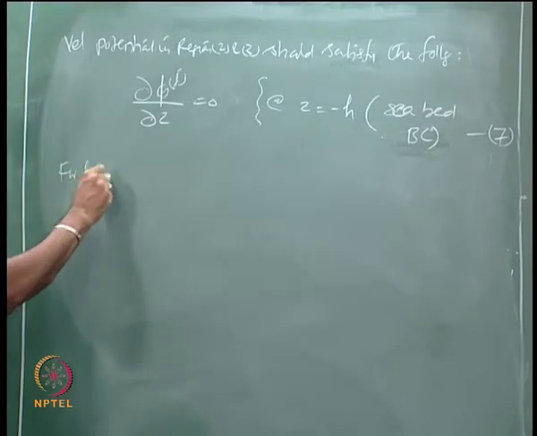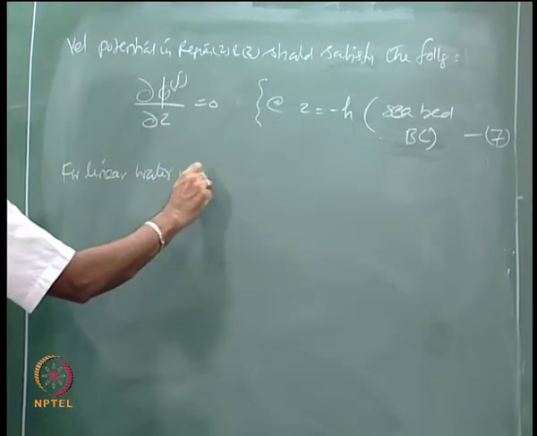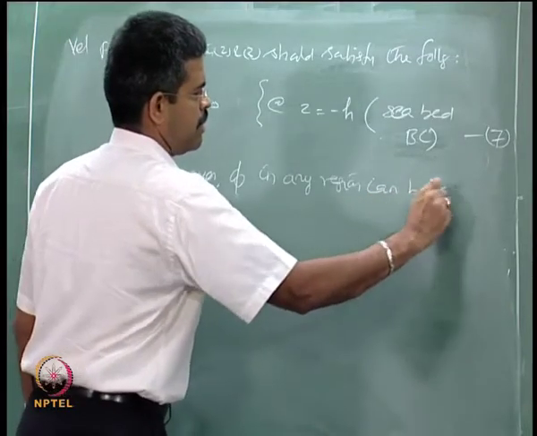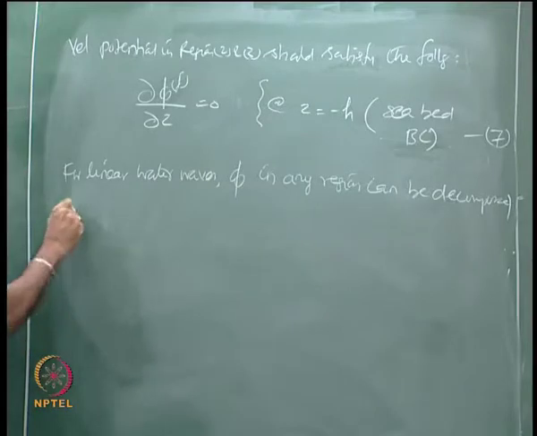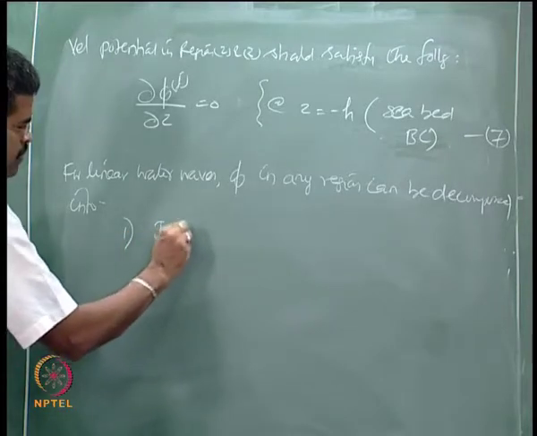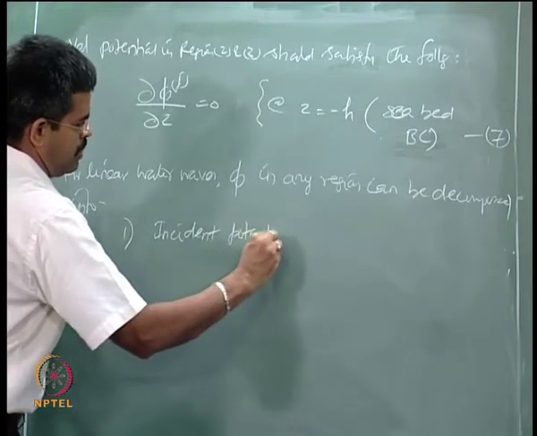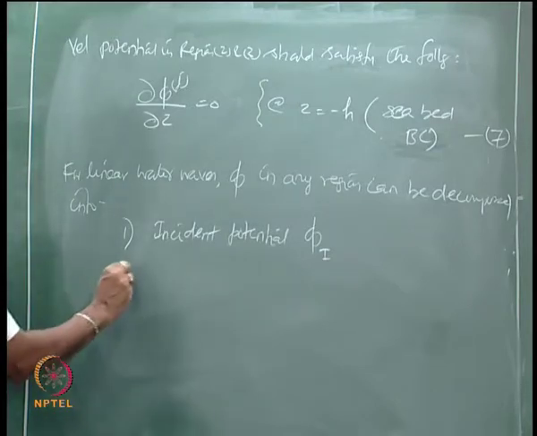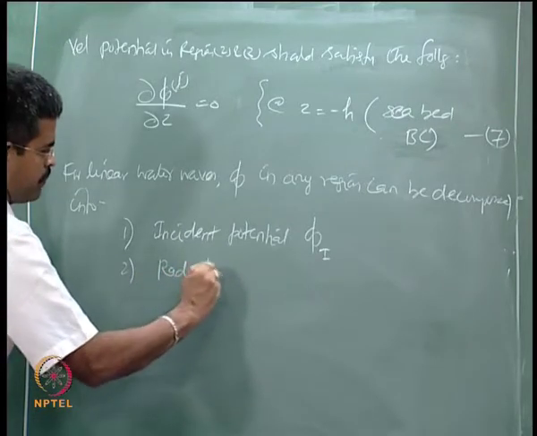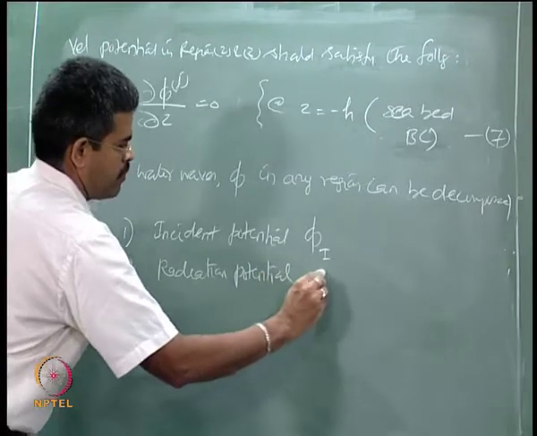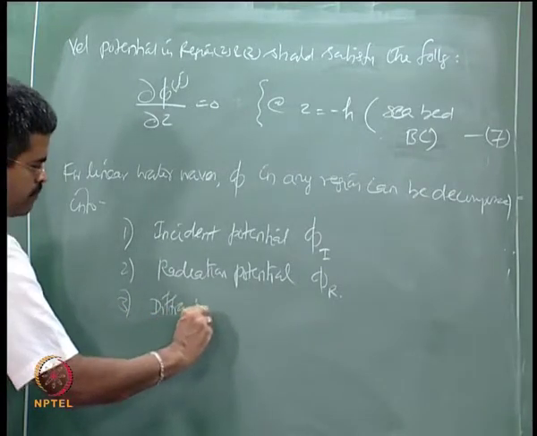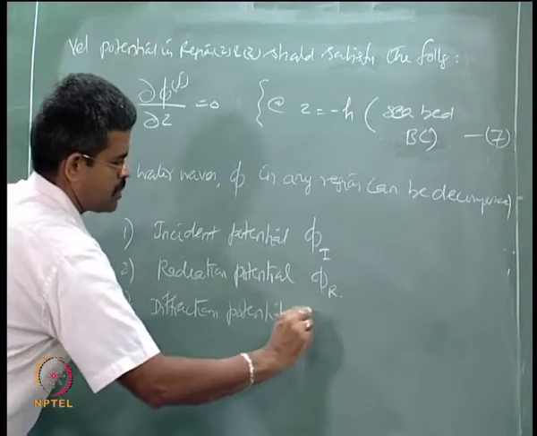So, for linear water waves, phi in any region can be decomposed into the incident potential, which I call as phi capital I, the radiation potential, which I call as phi r, and the diffraction potential, which I call as phi d.